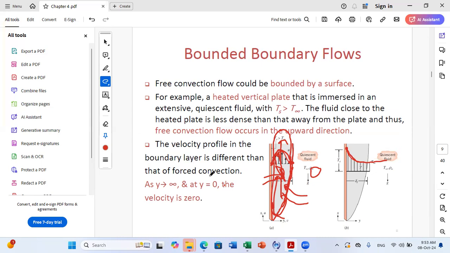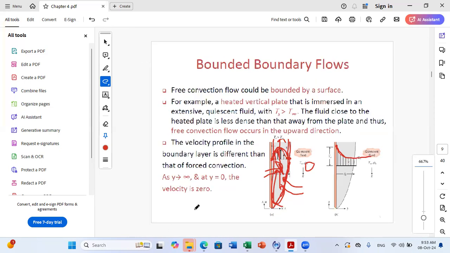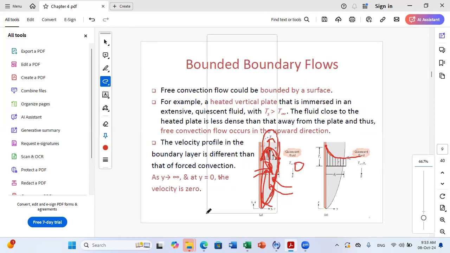In forced convection, what will happen if I want to compare? If you have a surface and you blow air over the surface, and you have high velocity in the outer environment, let's say U infinity, if I want to draw the boundary layer here, it will be different.